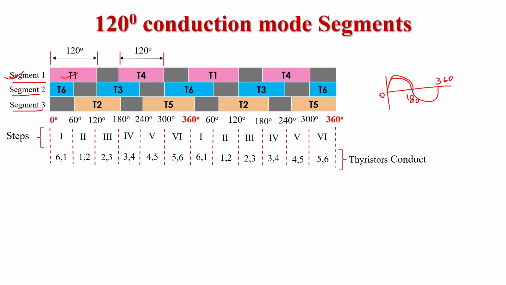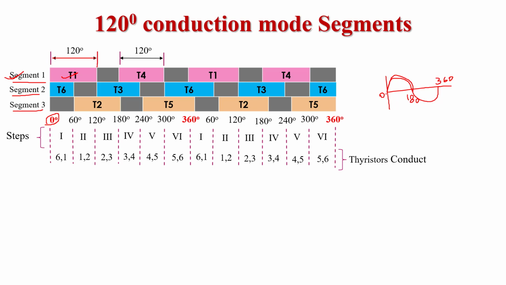But in every segment, both thyristors will never turn on simultaneously because that would make a short circuit. So first at omega T equals 0 degree we provide a firing pulse to thyristor T1 and T1 starts conducting for 120 degrees. T1 conducts from 0 degree to 120 degrees. After 120 degrees what will happen?